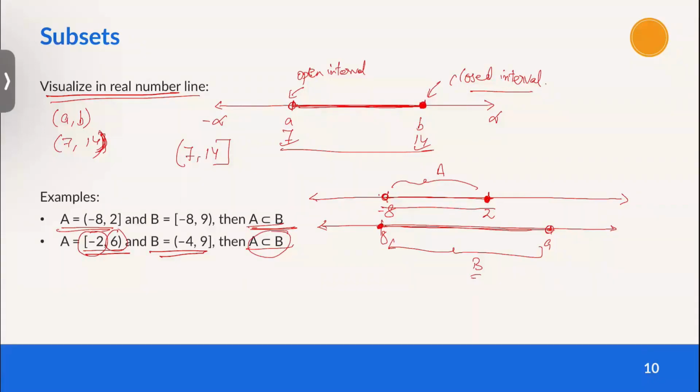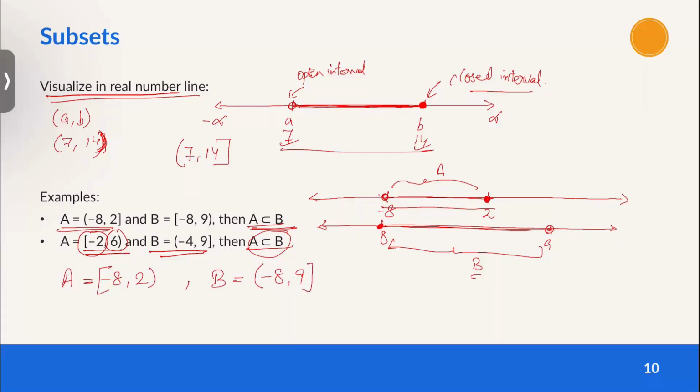Now, suppose I give a very interesting example. Suppose we have A from minus 8 to 2, where minus 8 is included and 2 is not included, and B is from minus 8 to 9, where minus 8 is not included and 9 is included.